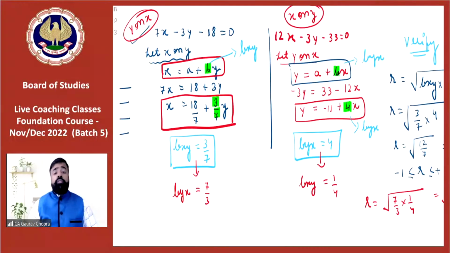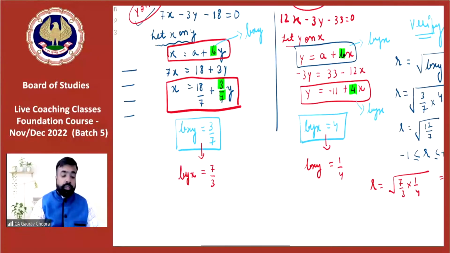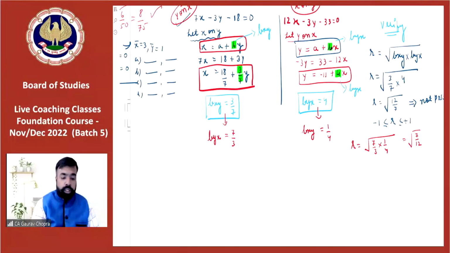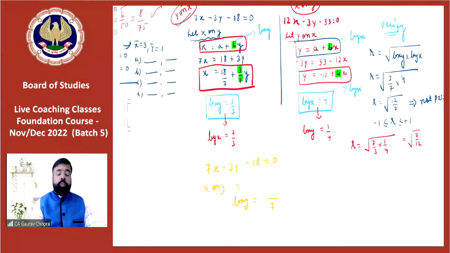So this is the process by which we can do it. Now, if we want, we can do the same process in a shortcut manner also. If we want to assume the equation x on y, like the first equation 7x minus 3y minus 18 is equal to 0, then if we assume this as x on y, that means the coefficient of x will come in the denominator. So we can directly write bxy, and this 7 will come in the denominator.